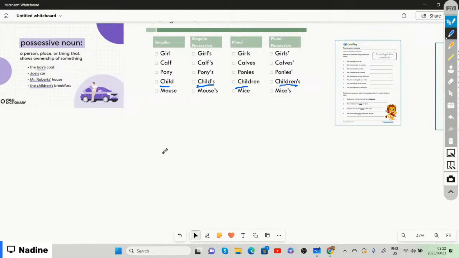So with child, right? Let's think of a sentence.